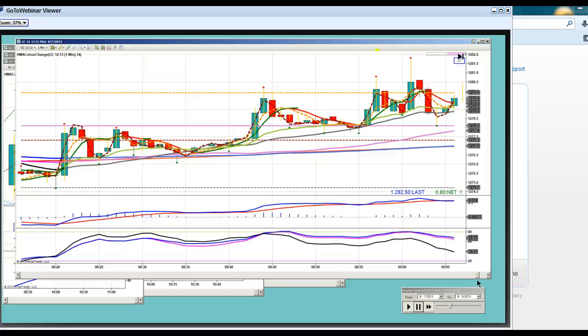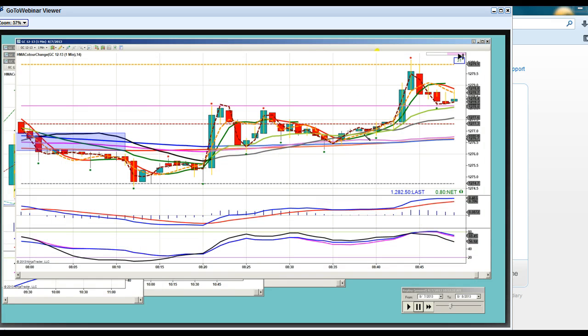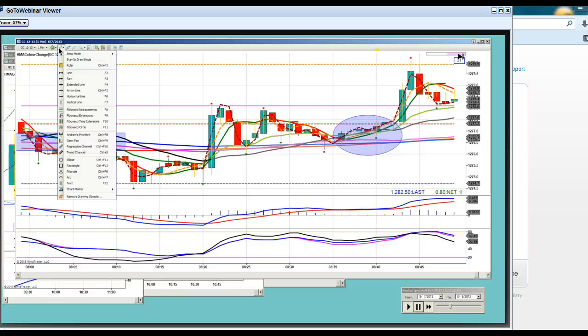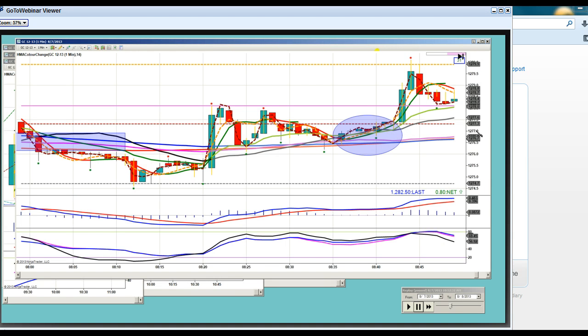Notice here, when we cross the 50, now in this case the 100 happens to be below it, but when we cross the 50, it's a very smooth ride. It's not very choppy. We get a whole lot of price action. We were all the way at 77.0. We shot all the way up to 79.9, almost 80. So that's a lot of price action for your basic trend trade.